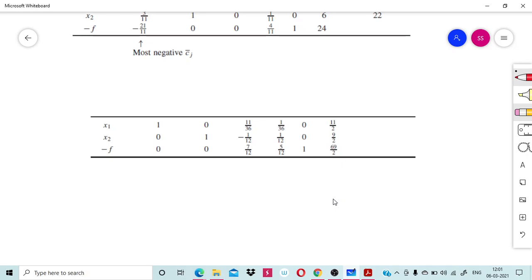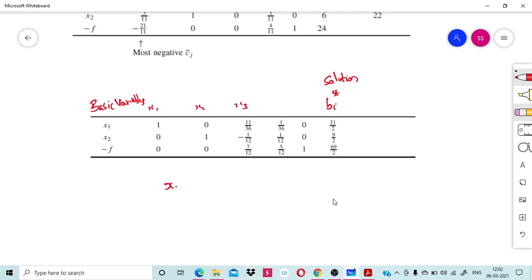If you observe this, these are our basic variables, then x1, x2, x3, and this b_i star, the solution column.